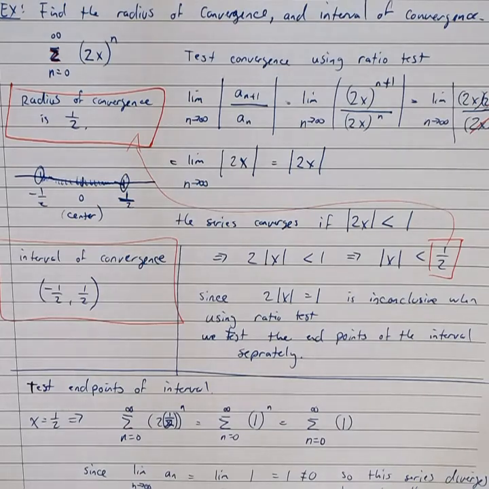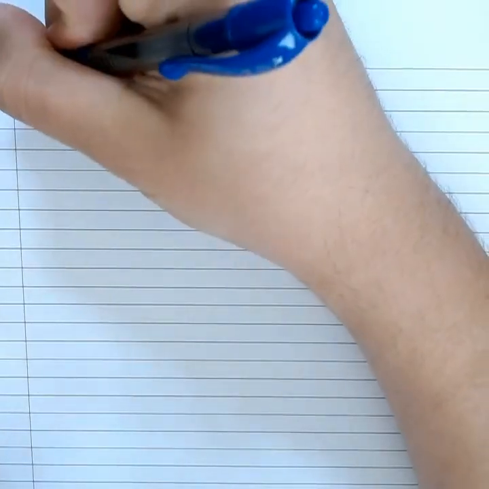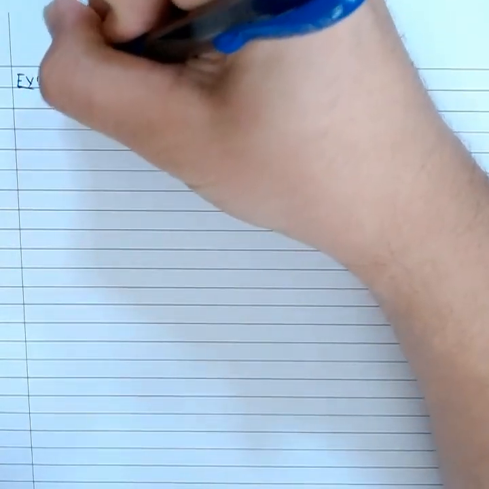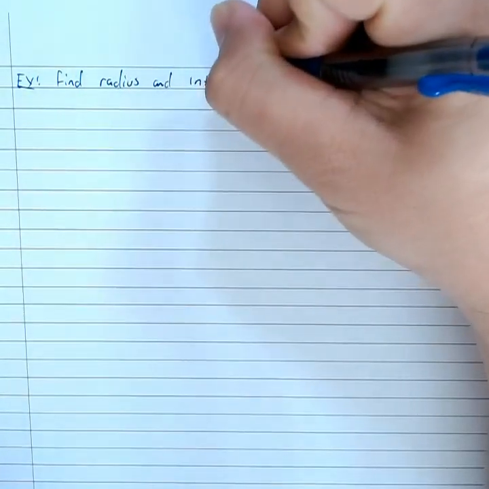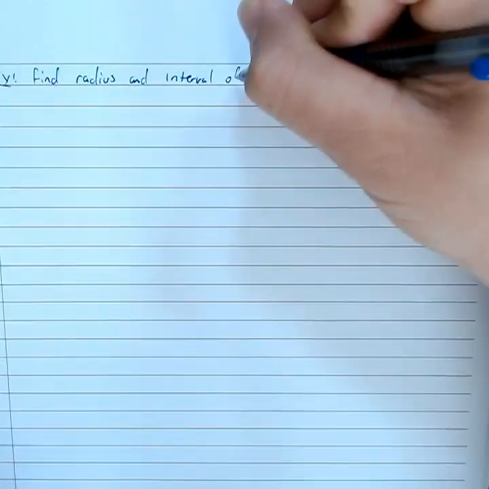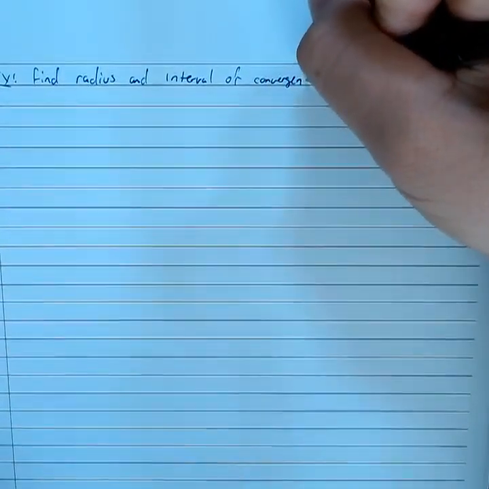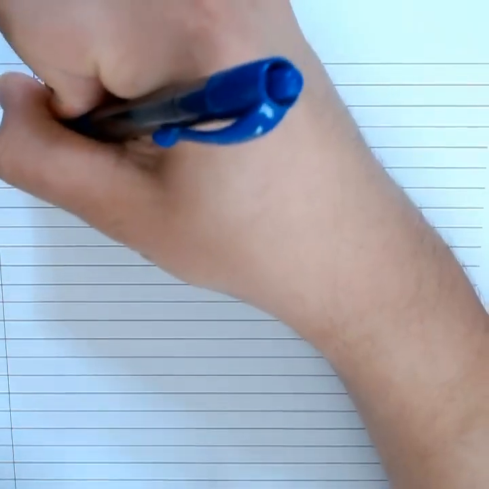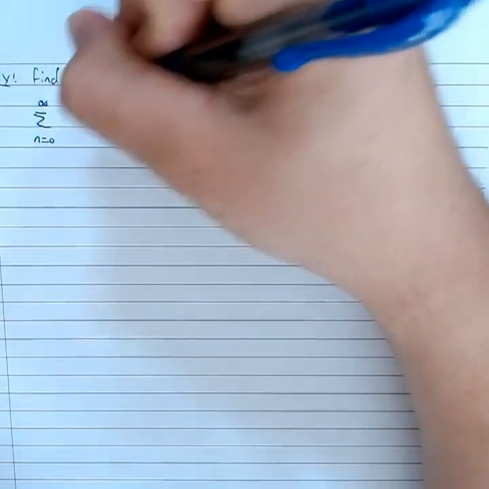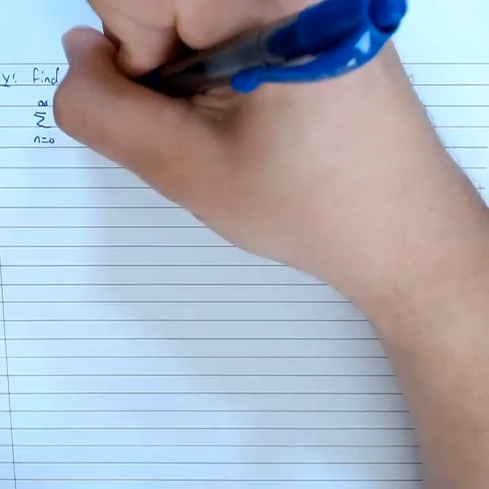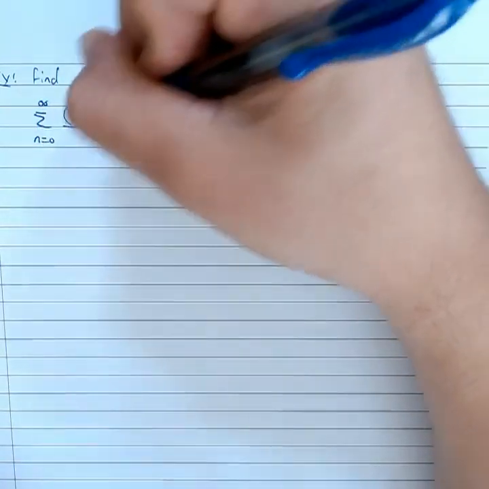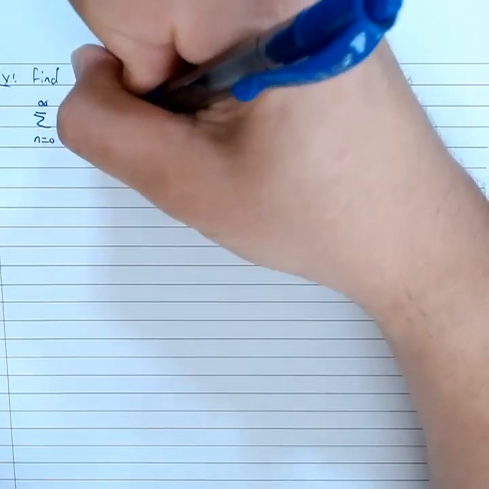Let's go ahead and take another example. Let's consider the series. So example, let's go ahead and find the radius and interval of convergence of the series sum as n goes from 0 to infinity of, let's see here, let's go with (3x)^n over (2n) factorial.